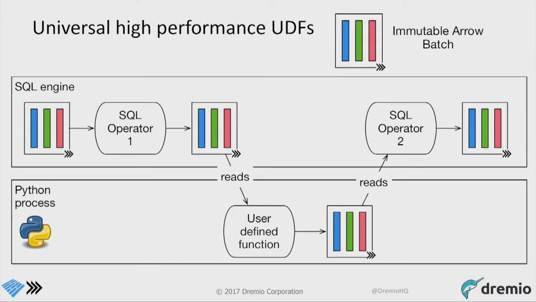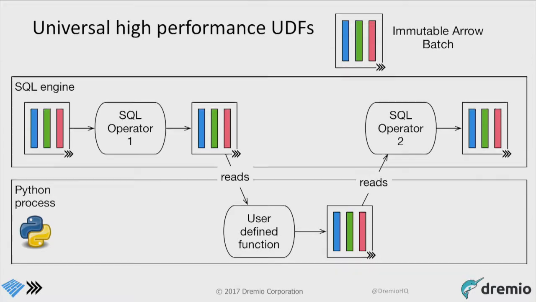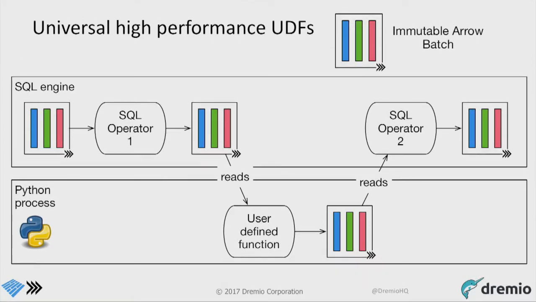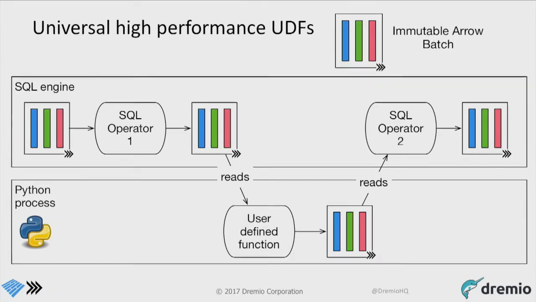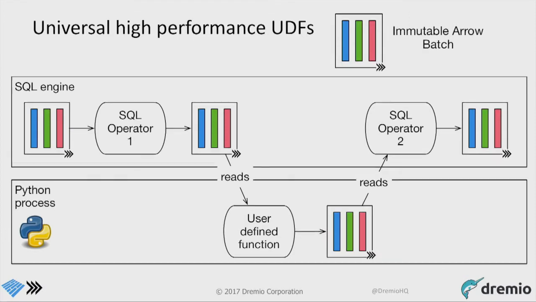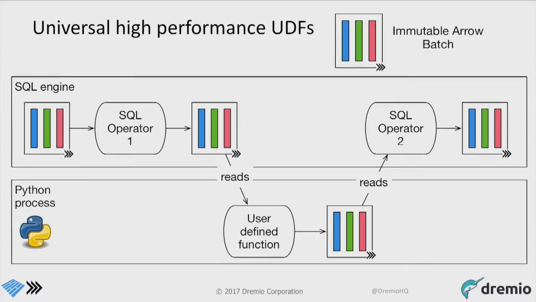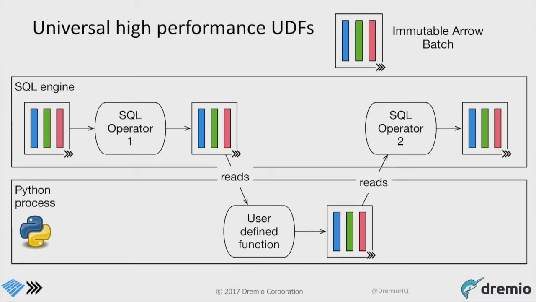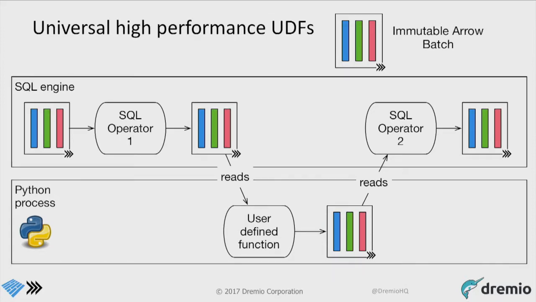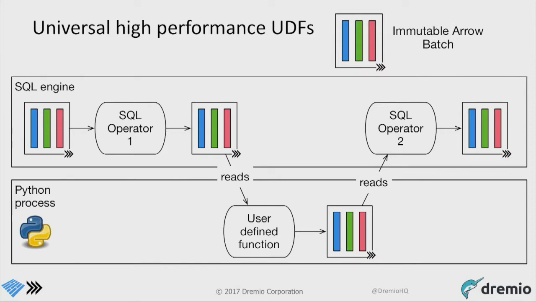The advantage of this is that because the representation is standard, your library of user-defined functions is now portable across the SQL engines. You don't have to write UDFs for Hive, for Impala, for Drill, or for Spark SQL. Maybe you like Python, maybe you like Spark, and now all those UDFs are portable.